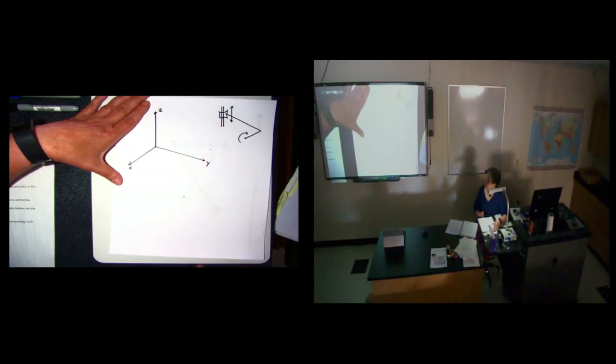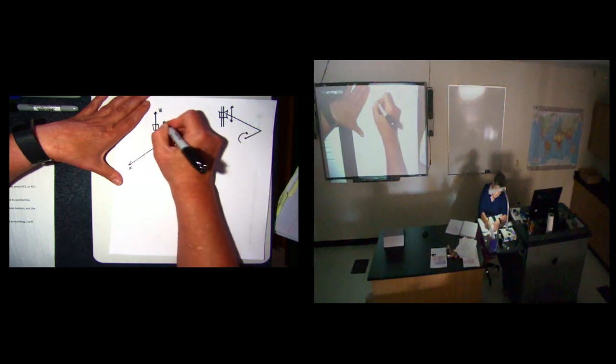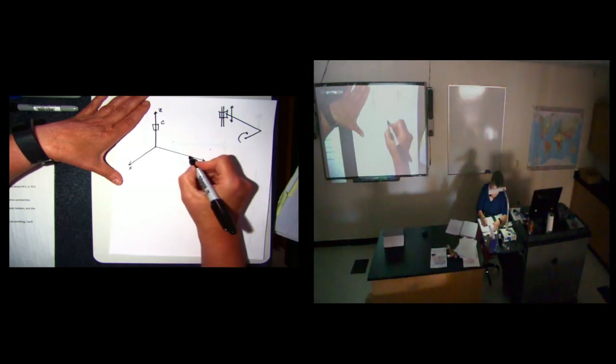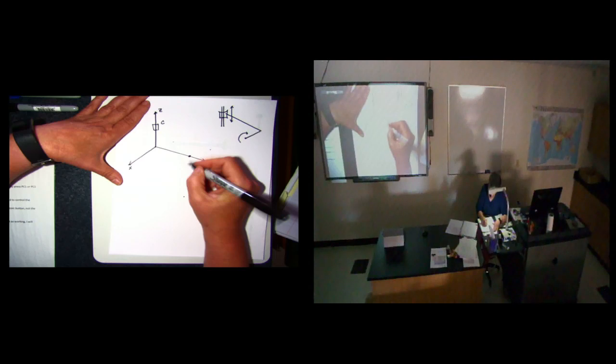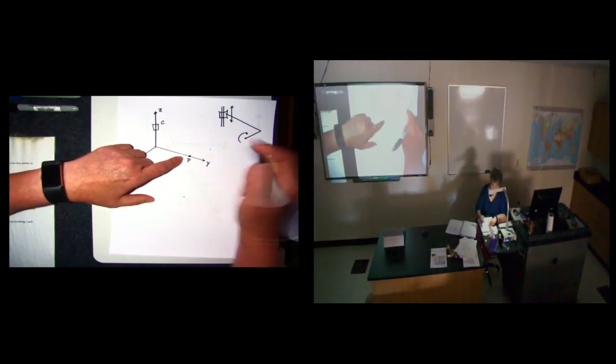Okay? So I'm going to set it up so that my collar is at point C. I'm going to use a point P here. This is the place where this is connected.